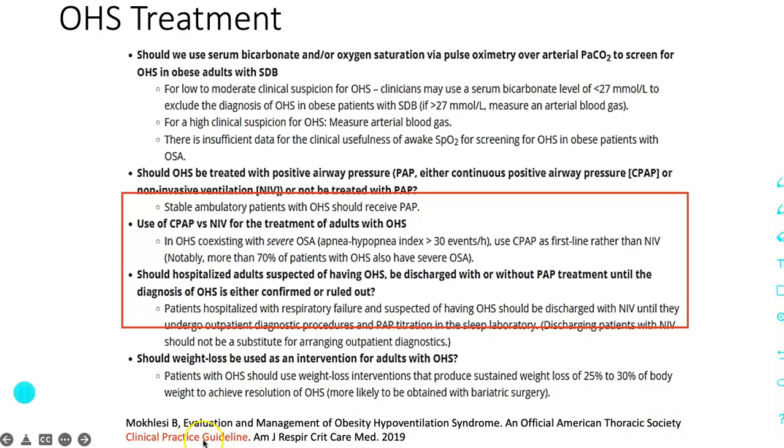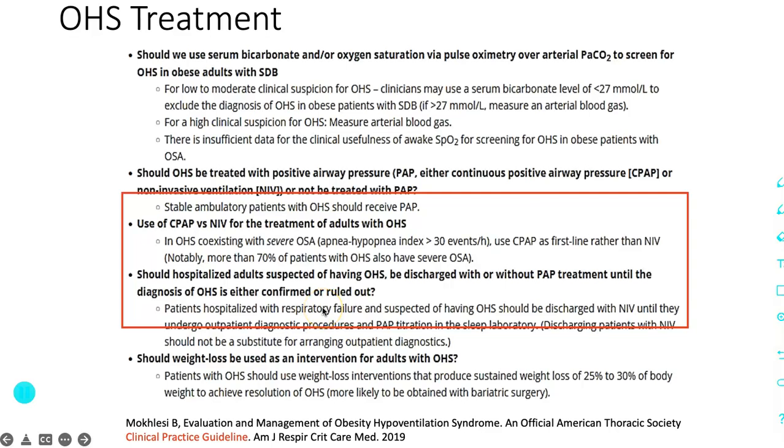The ATS clinical practice guideline published in 2019 gives a clinical guideline on how to use CPAP or NIV for the treatment of OHS, and they recommend the use of CPAP over NIV for the treatment of adults with OHS.